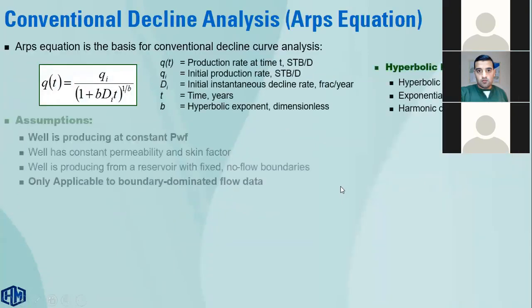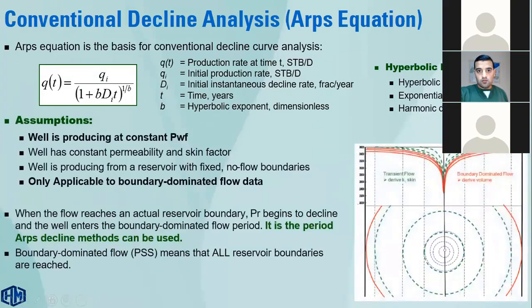The first approach of decline curve analysis is the conventional decline analysis, like Arps' equation. Arps is typically an important analytical, empirical reservoir engineering approach.